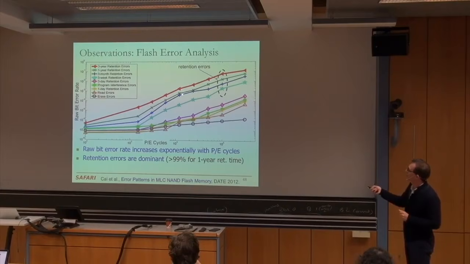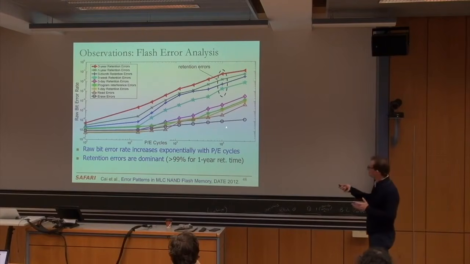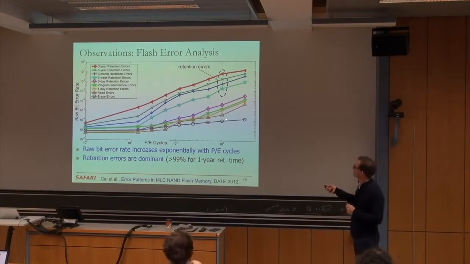Not the red one, the thing below the red one, the green one. You see that more than 99% of the errors that you have at a PE cycle of 10 to the 5 is mostly retention errors. The rest of the errors are, yes, there, but they're not very high. This is program interference, this is read errors, this is erase errors.